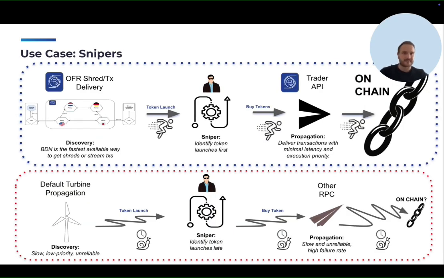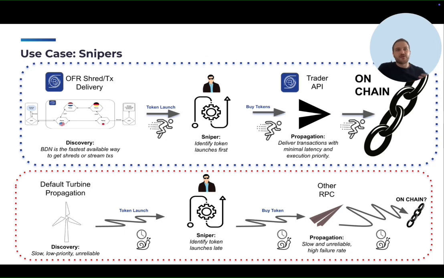One of the use cases that I didn't mention earlier is snipers, for example. For this use case, you want to be able to react extremely quickly when you see a new unbonding from a launch pad into a new liquidity pool. You want to be able to buy as quickly as possible.